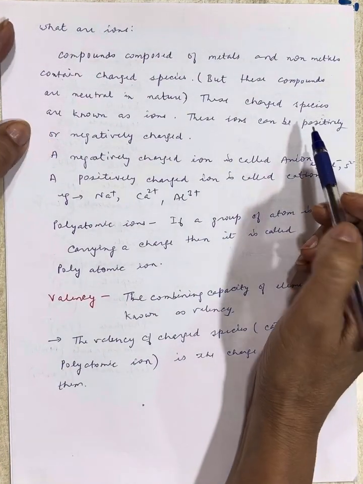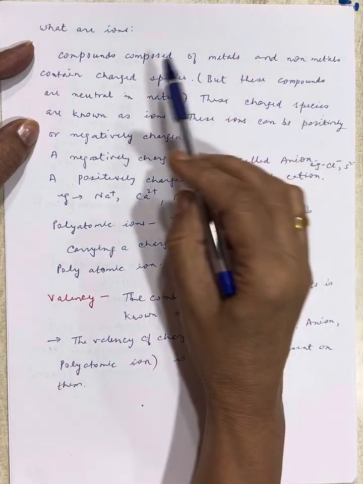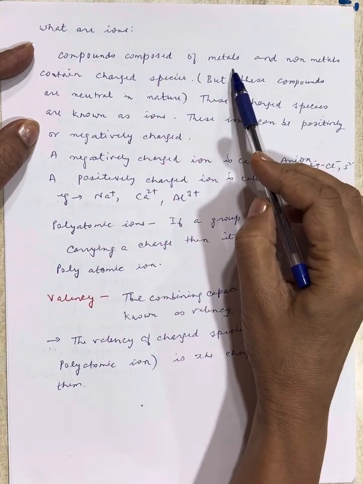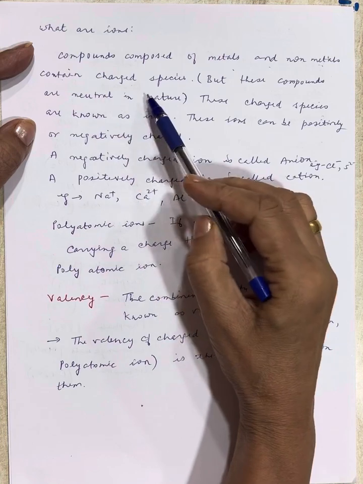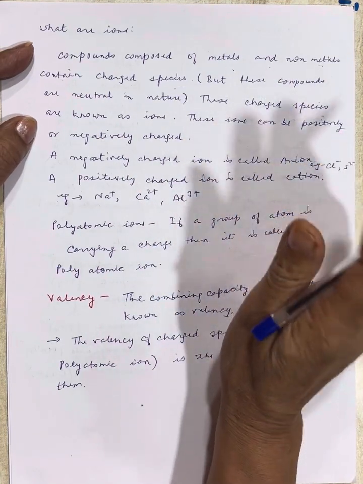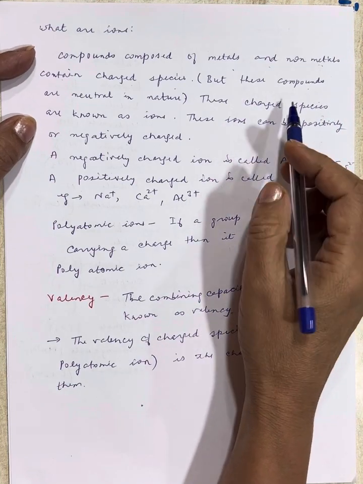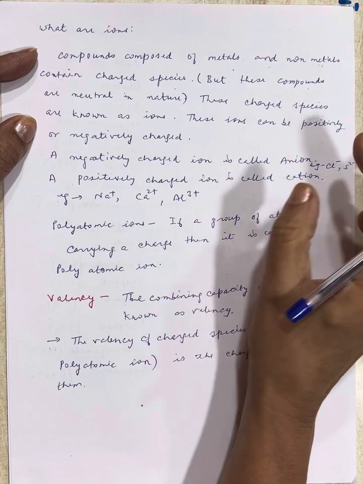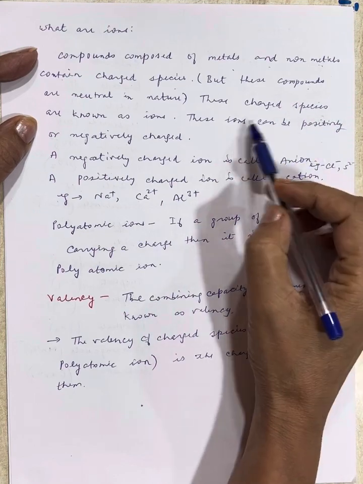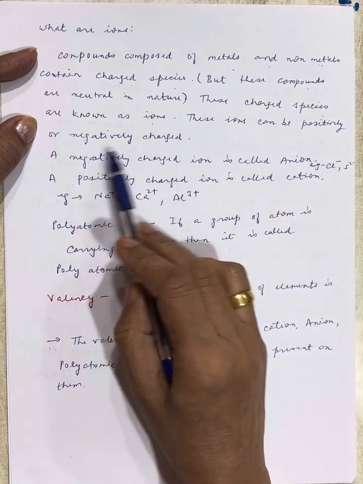This is a compound composed of metal and non-metal, and it contains charged species. Actually these compounds are neutral in nature, because the positive charge is neutralized by the negative charge. These charged species are known as ions, and they can be positively or negatively charged.